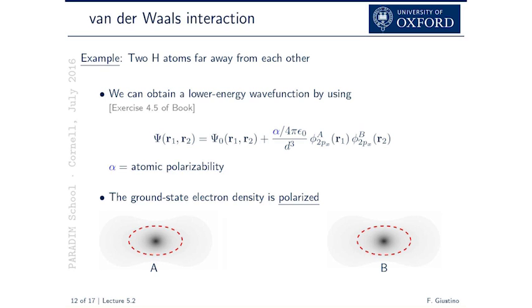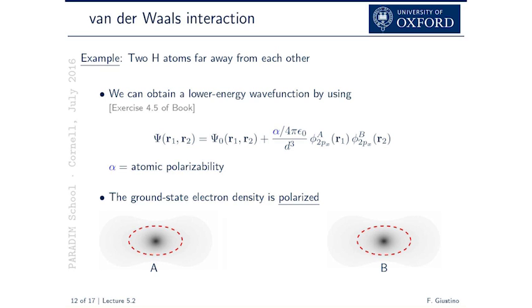Now, if you look just at the electrostatic energy involved in this story, that corresponds to an extra interaction energy, which goes as the reciprocal of the 6th power of the distance, okay? And that enters basically the internuclear force in this system. So that's basically the van der Waals interaction.